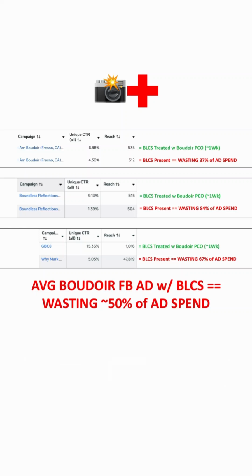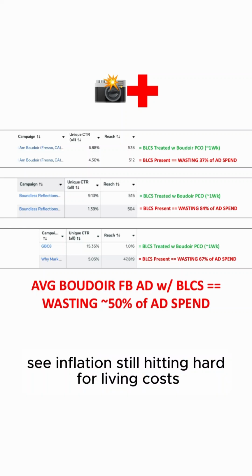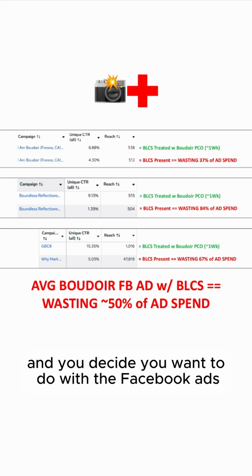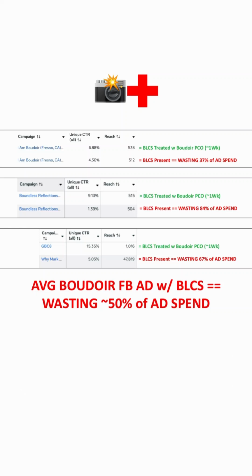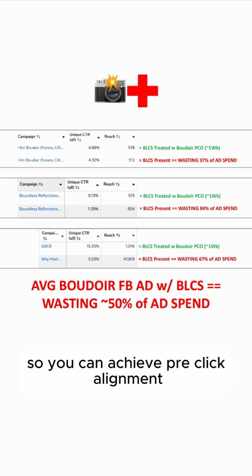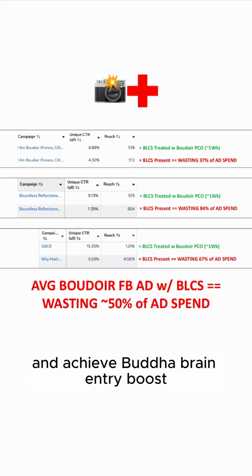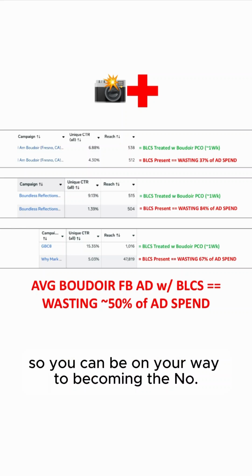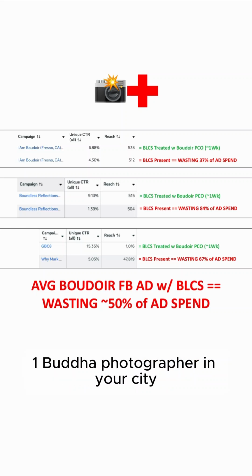And we're seeing inflation still hitting hard for living costs. So we want to pull some money out somewhere. You decide you want to do it with Facebook ads. Put that money back in your pocket so you can achieve pre-click alignment, become a dominant boudoir advertiser, and achieve boudoir brain entry boost with your boudoir Facebook ads, so you can be on your way to becoming the #1 boudoir photographer in your city.